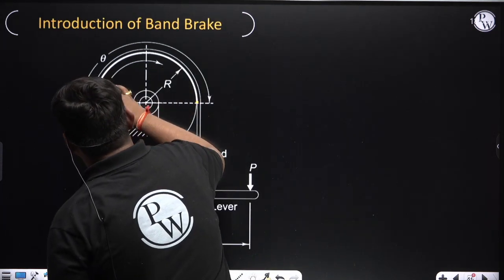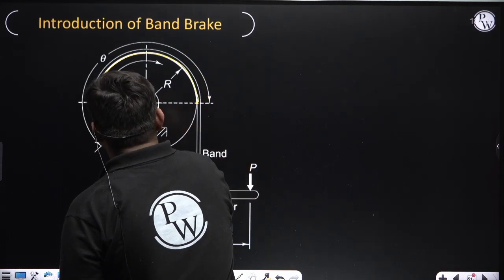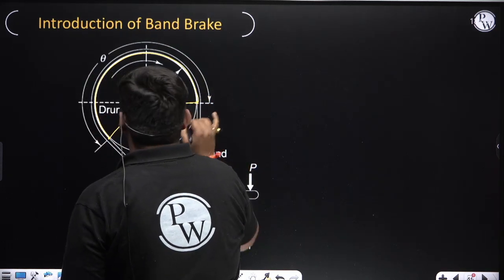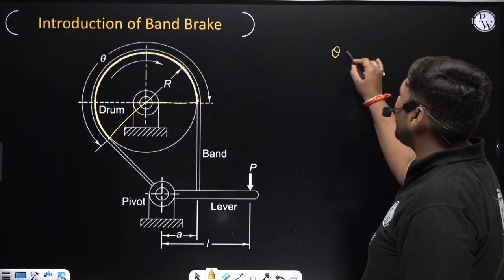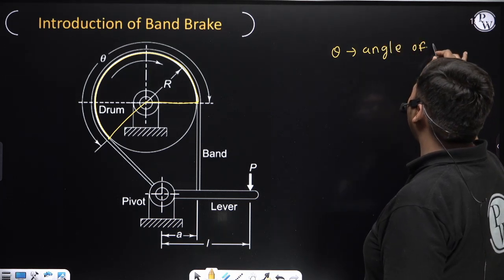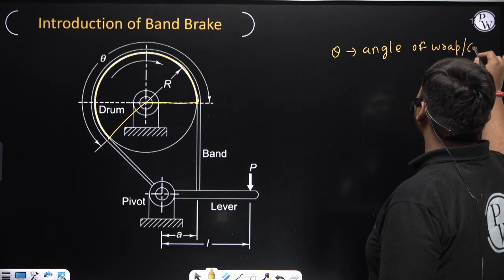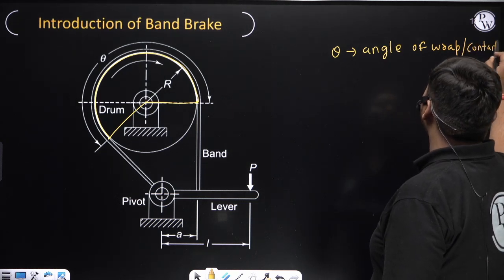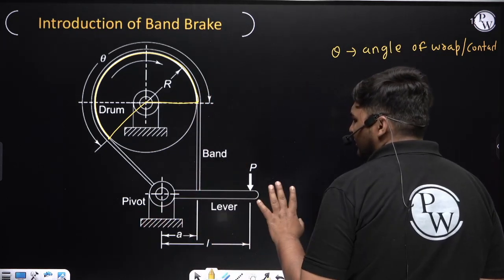This portion of the band is making contact with the drum, and it subtends an angle theta. This angle theta is known as the angle of wrap or angle of contact. I think you already know this terminology. These terminologies are important. This is the radius of the drum. Those other things will come later.